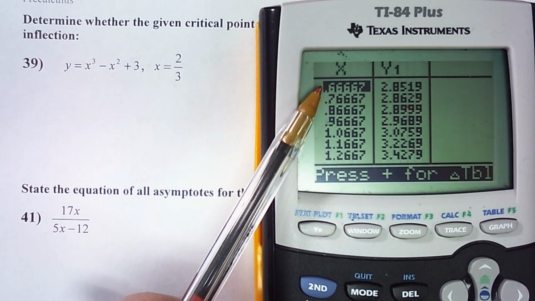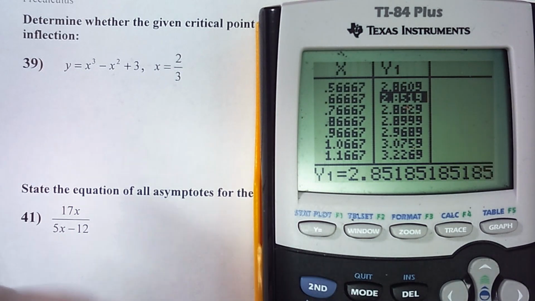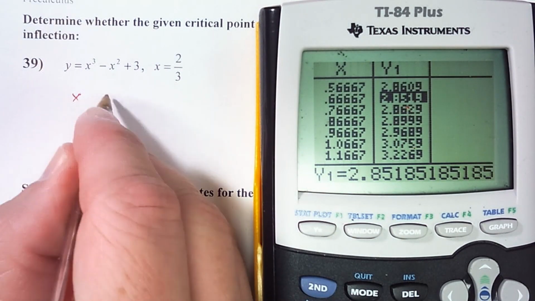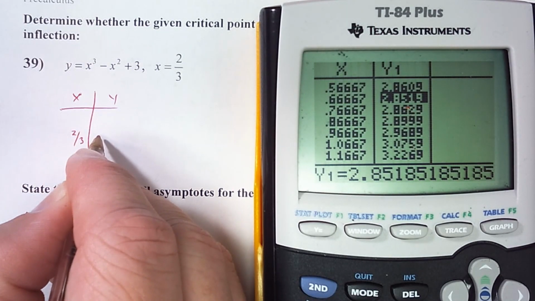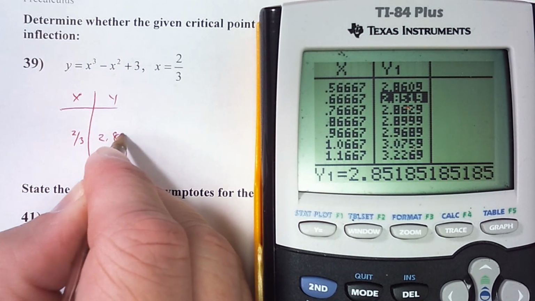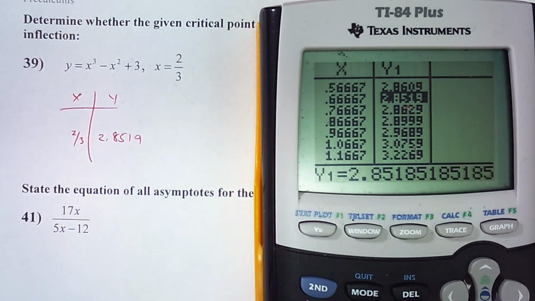Okay, so this is the critical point, 2/3. I'm going to go up just to show a little bit more and back down to my critical point and over to the output. Okay, so at 2/3, I have an output of 2.8519.